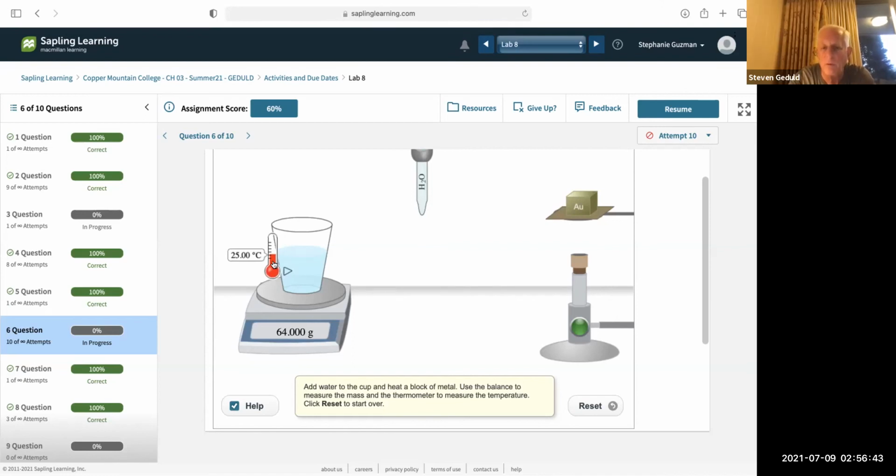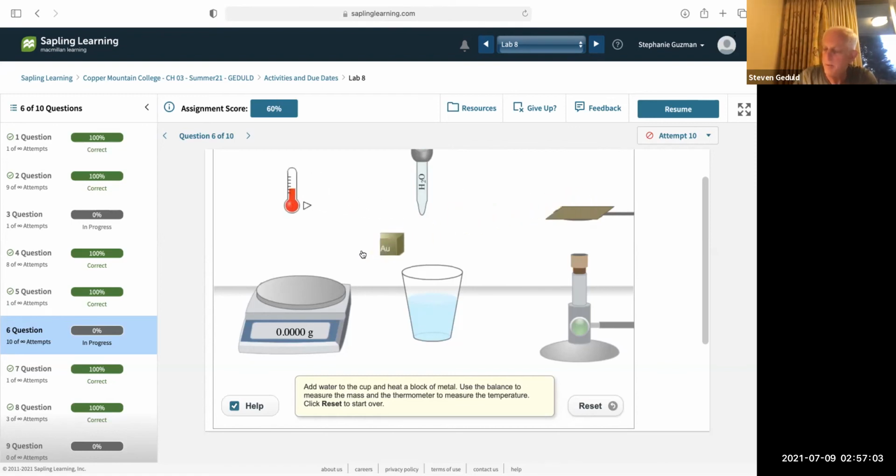Okay, so we know the water. Now take the thermometer away. Now we're going to heat the gold. Okay, take its temperature. 65.17. Okay. Now take the gold, dump it in the water. Oh, wait a minute. We have to get the mass of it first. Sorry. It's okay.